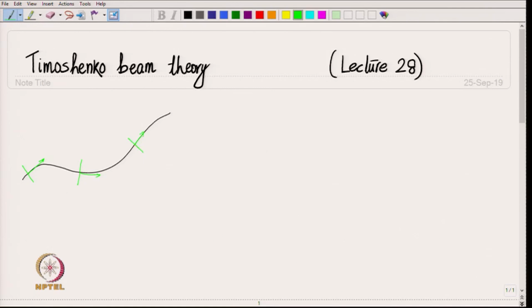So, we had only one kinematic variable, which was the deflection of the beam y. If we know y, we can obtain dy by dx, which we said is equal to the orientation of the cross section.